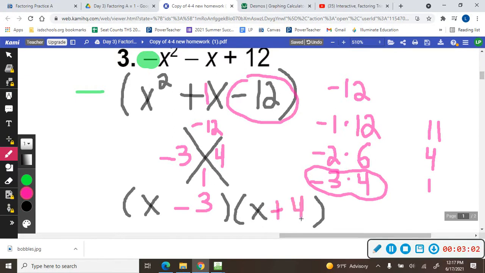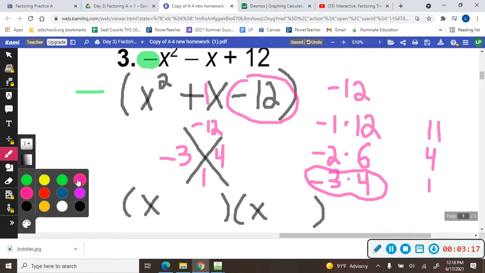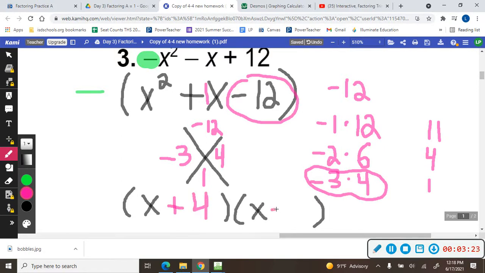Now something that's kind of nice is, let's say instead of -3 plus 4, you had put 4 -3. Like say you wrote that backwards. Multiplication is commutative, so it doesn't matter the order.